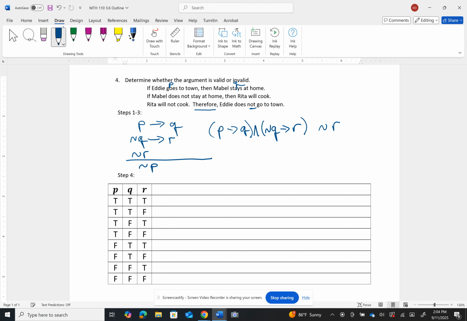So they get hooked together by ands. Then we're going to see if all of that implies the conclusion, which is not P.